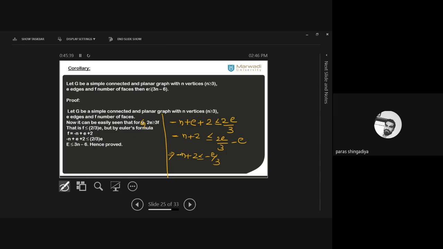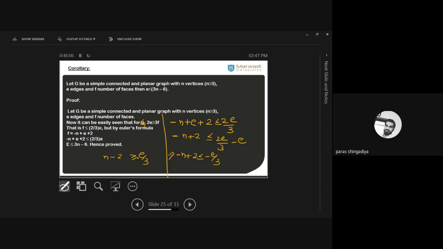And now apply the negative on both sides. Okay, apply negative on both sides. So what you will get: N minus 2 greater than or equal to e by 3. Is it clear? Apply negative, दोनों साइड negative apply करना.